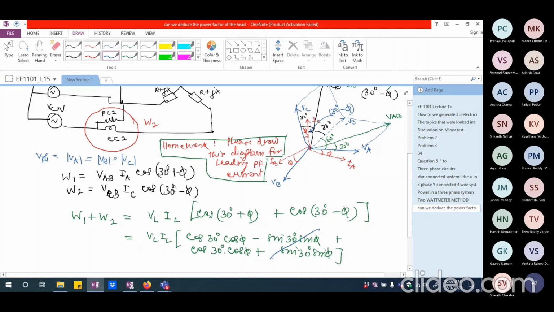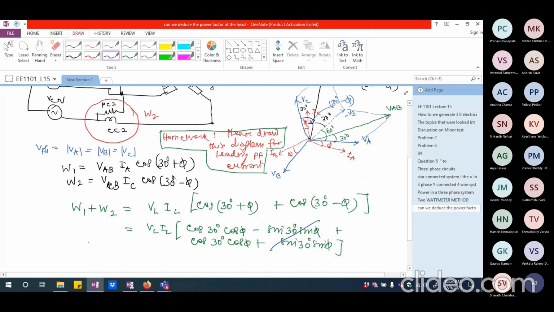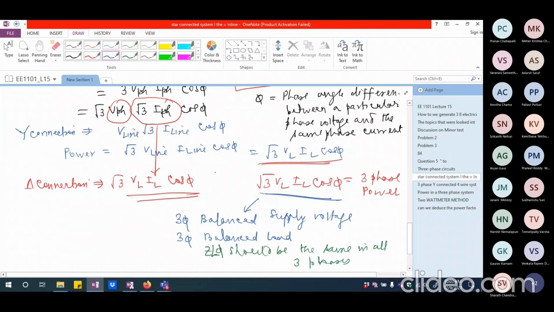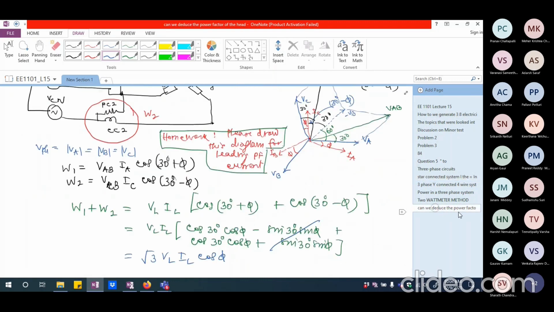So I have only cos 30 cos phi, which will be root 3 by 2 and root 3 by 2. So I'm going to have root 3 VL IL cos phi, which we derived in the last class, whether it is delta connection or star connection. We said root 3 VL IL cos phi will give you 3-phase power. So this gives me the total 3-phase power.